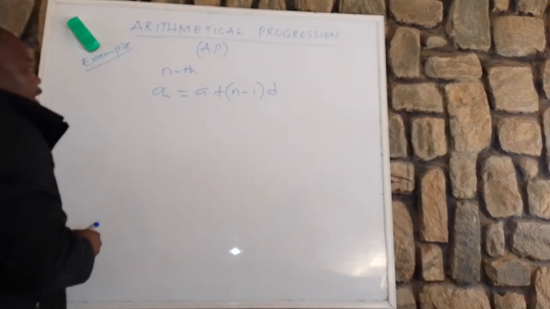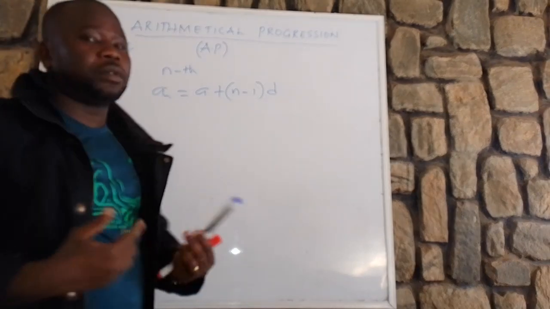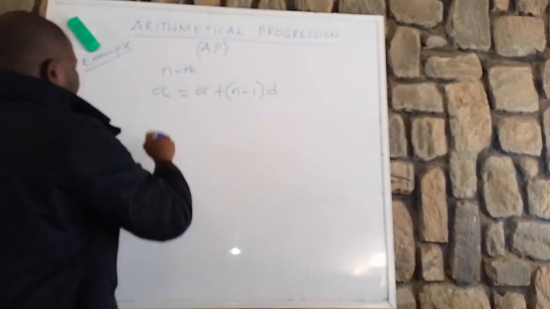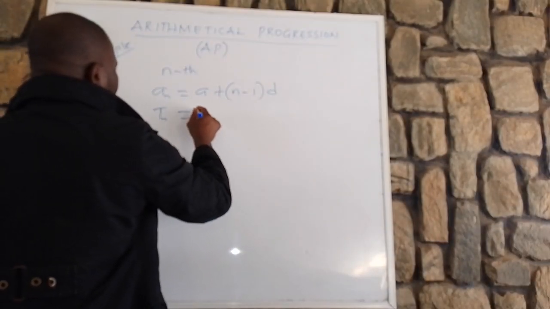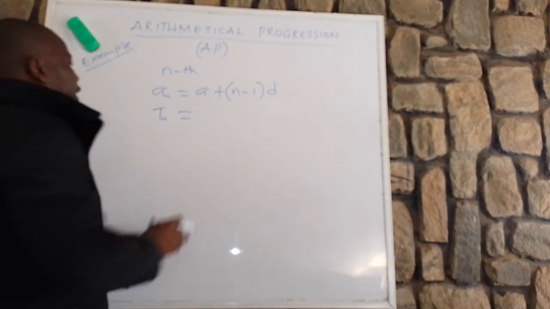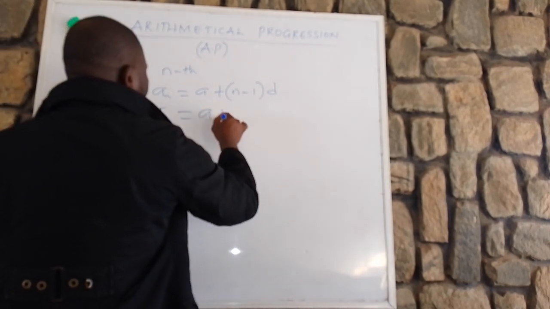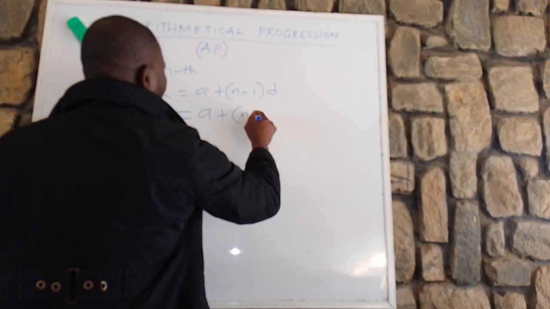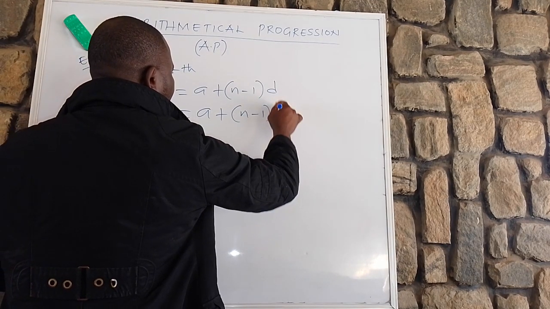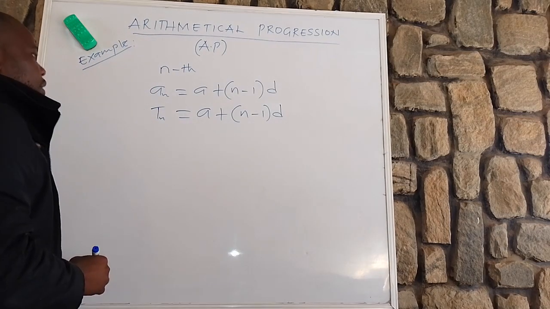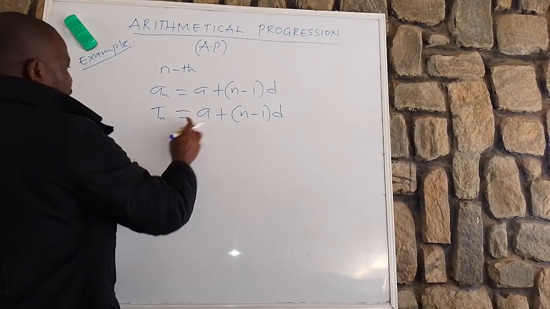In some textbooks you may see this as the nth term, a plus open bracket n minus 1 close bracket d.